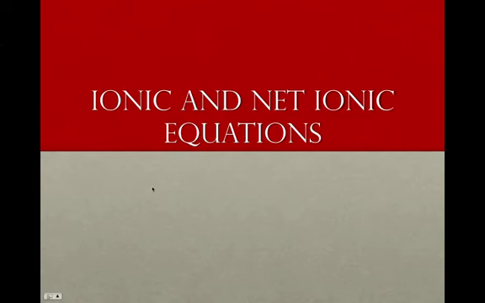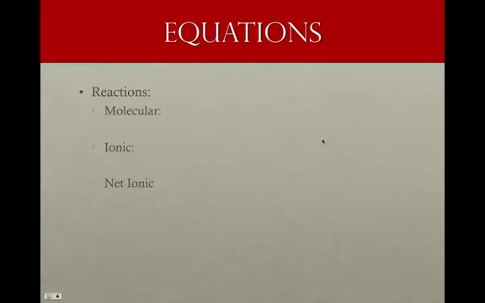So how does this translate into different types of equations? Well, the different types of equations that we have are molecular, ionic, and net ionic. The molecular reactions or equations show the full formula. And you would think that by looking at a molecular equation that everything reacts.